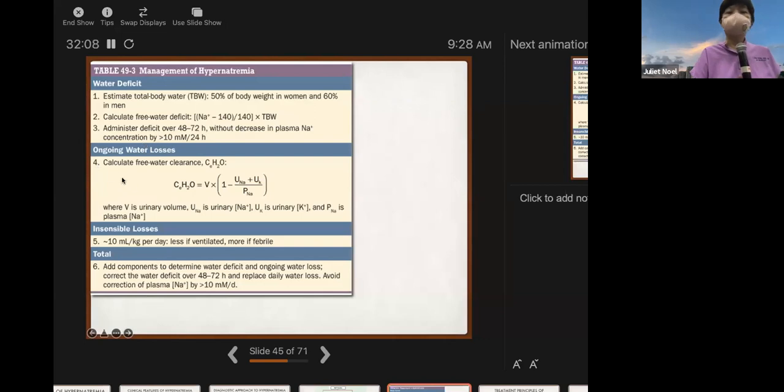When you have ongoing water loss, you have to add that, no? Here, the V is the urinary volume, then urinary sodium, urinary potassium, and the plasma sodium. Then insensible loss is usually approximately 10 ml per kilo per day.